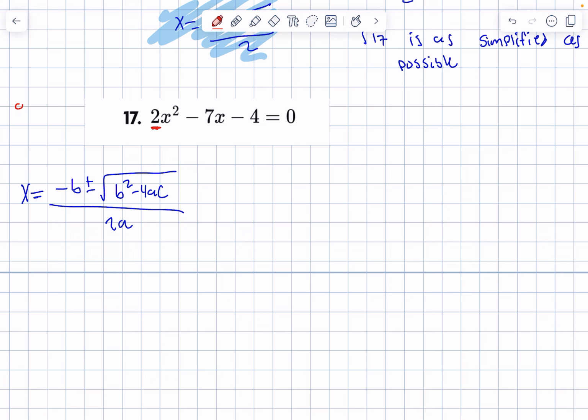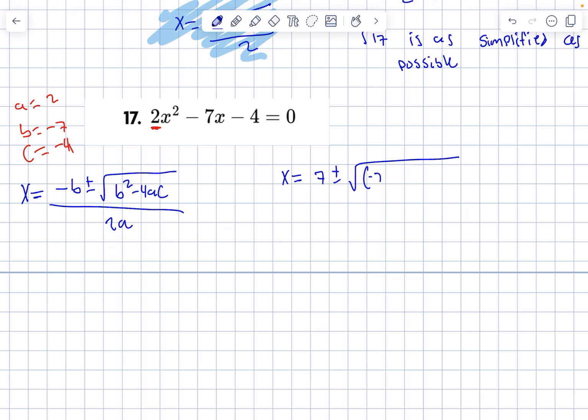So a here is equal to 2. B is equal to negative 7. I wish they had given us one that has a positive b so you can see the difference, but it's okay. And then c is equal to negative 4. So again, we're back to plugging and chugging. x is equal to negative b, that's just going to be 7, plus and minus the square root of b squared.